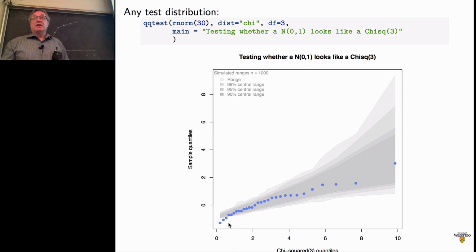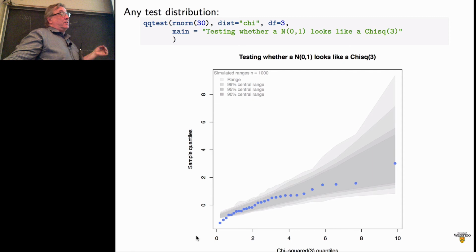That left tail is heavier, longer than is expected on the chi-squared 3 degrees of freedom. That's because the chi-squared is skewed with a long right tail, so it's got a short left tail, and the normal has a longer left tail, and so you're seeing these being farther away from the middle of the data, a heavier left tail than the chi-squared.